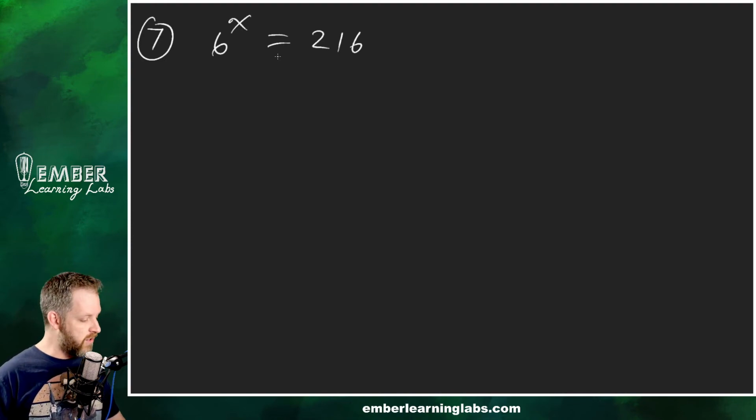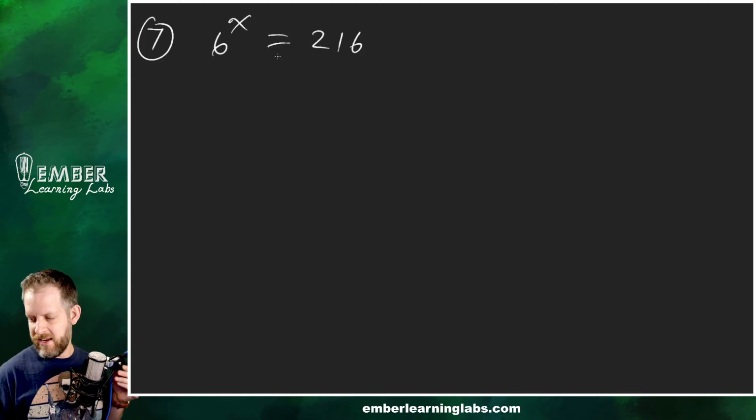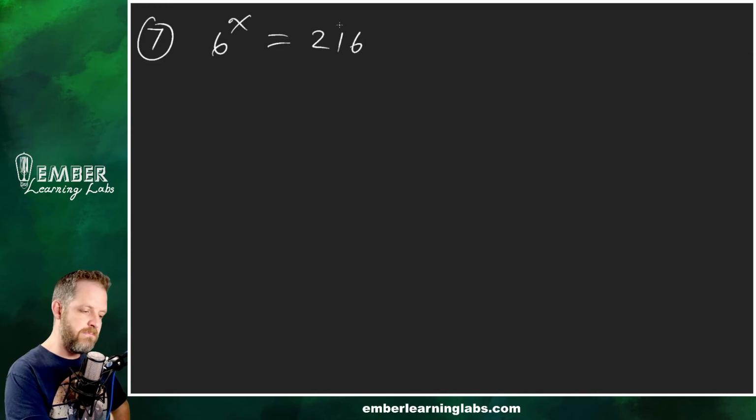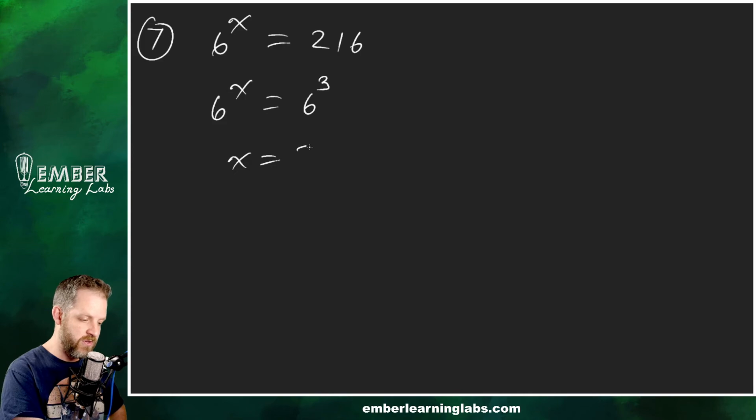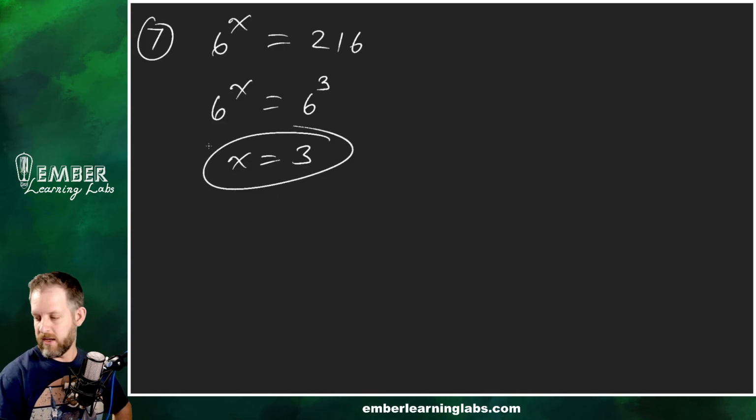Now, we just learned from our last problem that 6 cubed is 216, so we have to make this be the same base. So this turns into 6 to the x equals 6 cubed. So now the bases are the same, so we set the x when it's the same. So x equals 3. All right.